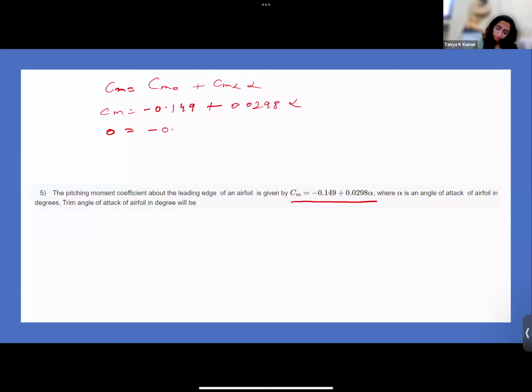So 0 is 0 plus 8 alpha trim. So what is the value for alpha trim? Very simple calculation, but what is the answer?